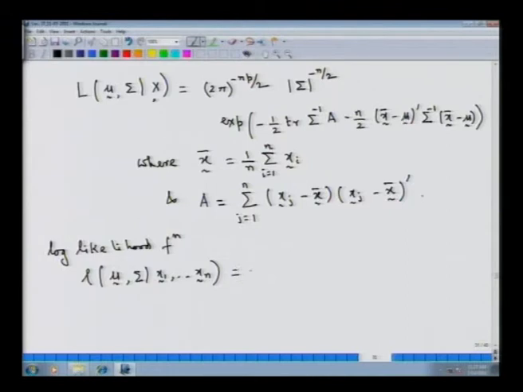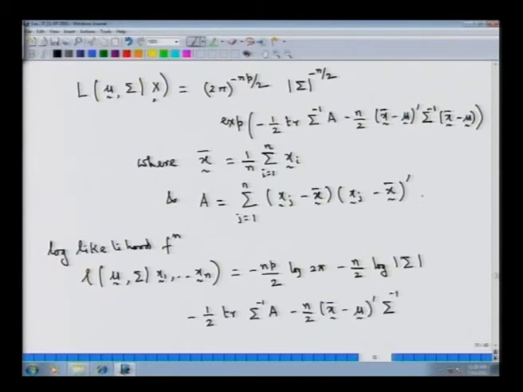So, that is going to be equal to minus np by 2 log 2 pi, this minus n by 2 log determinant of sigma, this minus half trace of sigma inverse A minus n by 2 x bar vector minus this mu vector transpose sigma inverse x bar minus this mean vector mu.